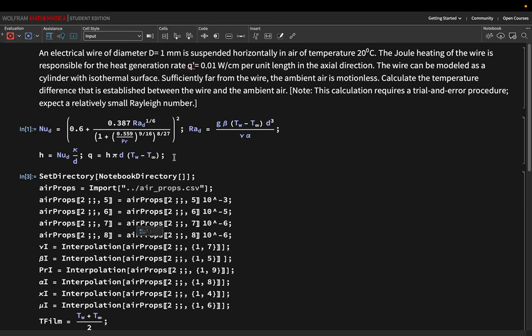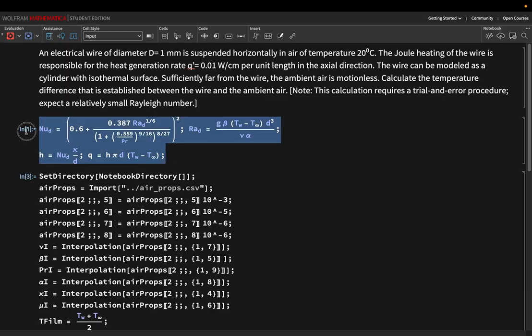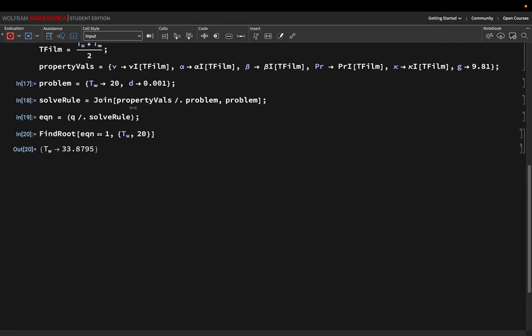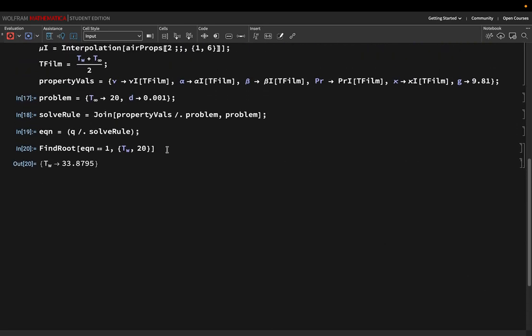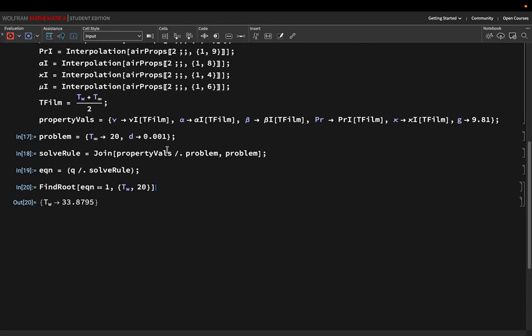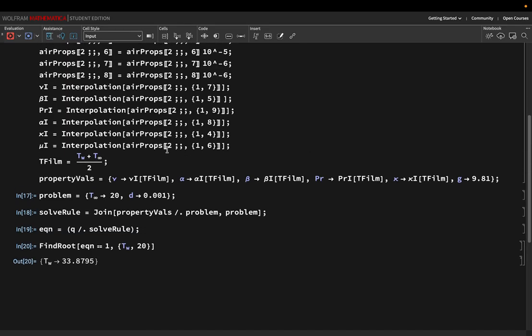So the process in which the problem is solved is more important than actually solving. Like to solve this, you already have tools now. So you can use any of the existing tools, or you can solve it by hand. Even you can solve it in Excel also, use successive substitution to actually solve this. So the idea here is for you to understand the process. So the main thing here is because TW is unknown, you do not know T film.